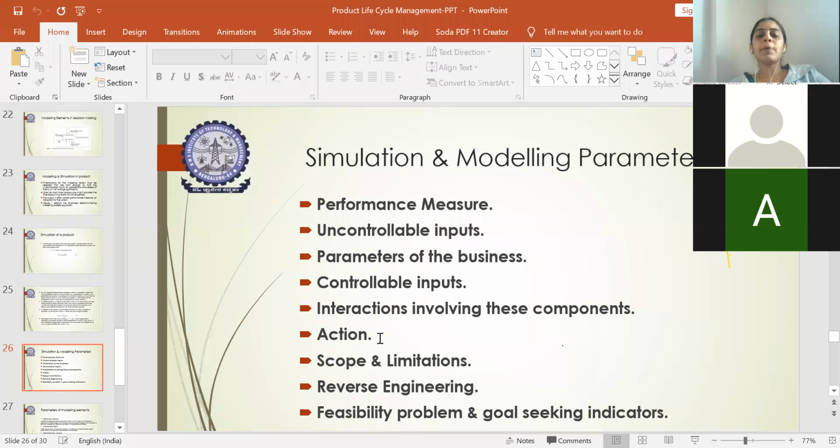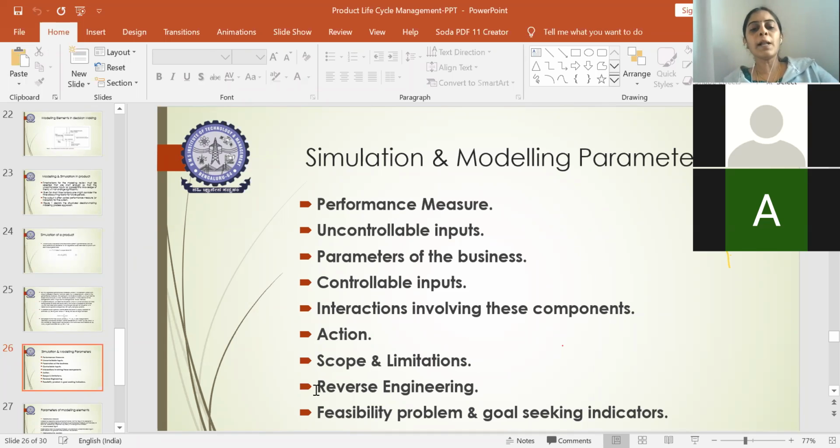Based on the action, you can evaluate the scope for the particular product and its limitations, because the action will provide the limitations and the plus points of a product which is yet to be manufactured.